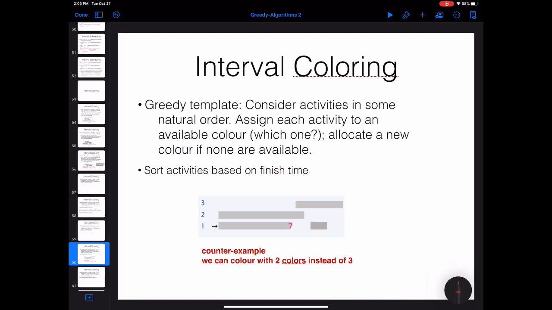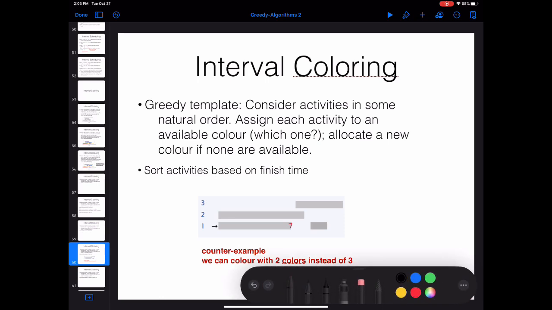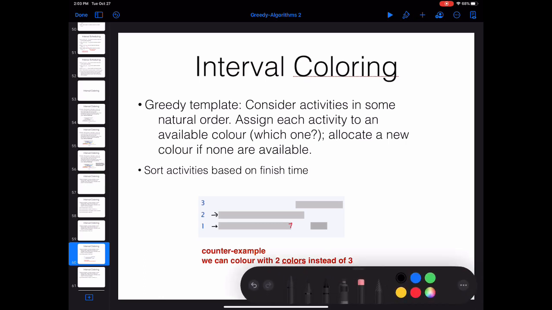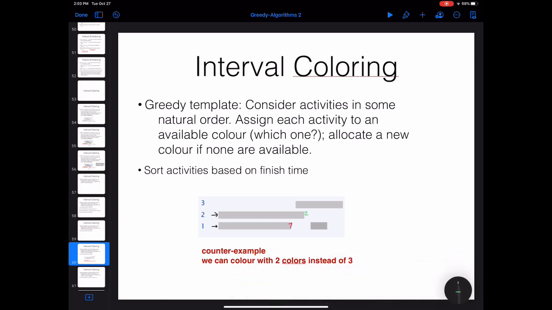And then the next earliest finish time is this one. Because there is a conflict between this job and the previous one, I cannot use color 1, so let's use another color. So I need another color, let's just call it color 2.